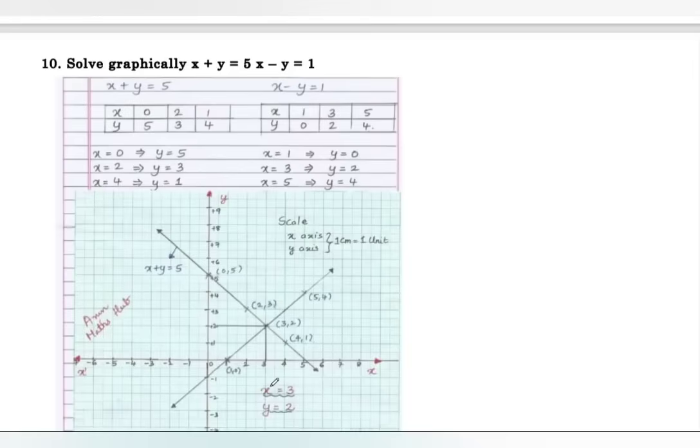Next question, solve graphically. Very important 4-mark question. They'll give a pair of linear equations. Here the given question is x plus y equals 5 and x minus y equals 1. For the first line, x plus y equals 5, assume the value of x and find the value of y, or assume the value of y and find the value of x.